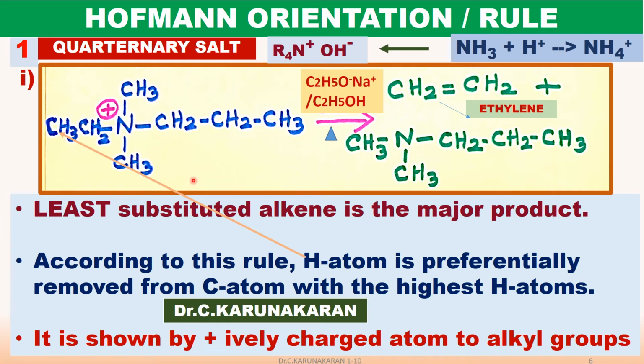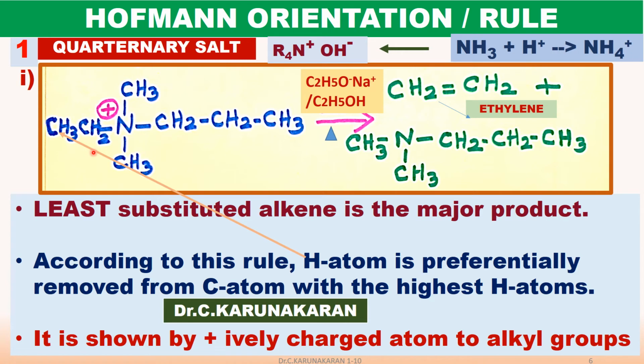On heating this quaternary ammonium salt with sodium ethoxide, dissolved in ethanol, it gives the least substituted alkene as the major product. There are actually three possibilities. CH3 cannot form an alkene. This can form an alkene, 1-butene.